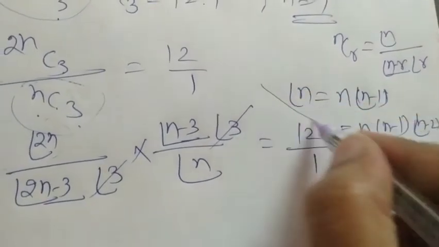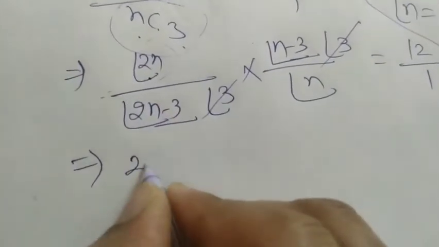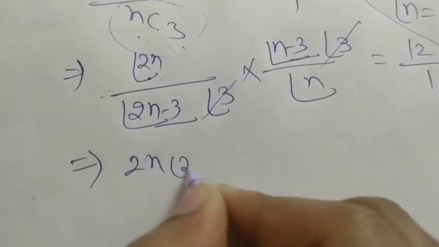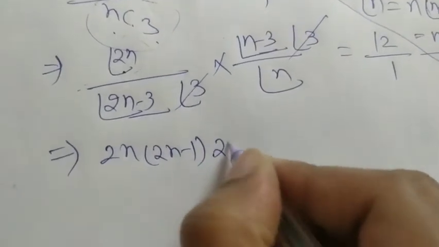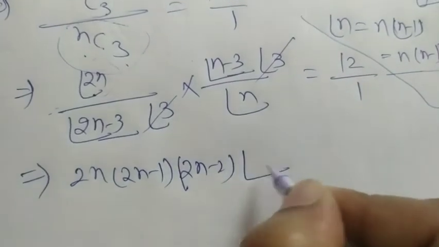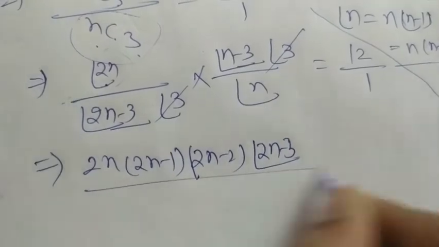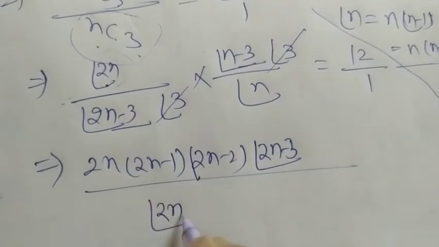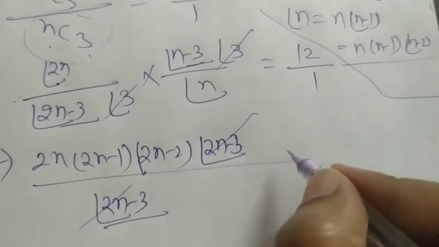Thus writing 2n, the remaining is 2n minus 1. When I take 2n minus 1 outside, 2n minus 2, and when I take 2n minus 2 outside, in the factorial I have 2n minus 3 upon 2n minus 3. This third term is cancelled out.